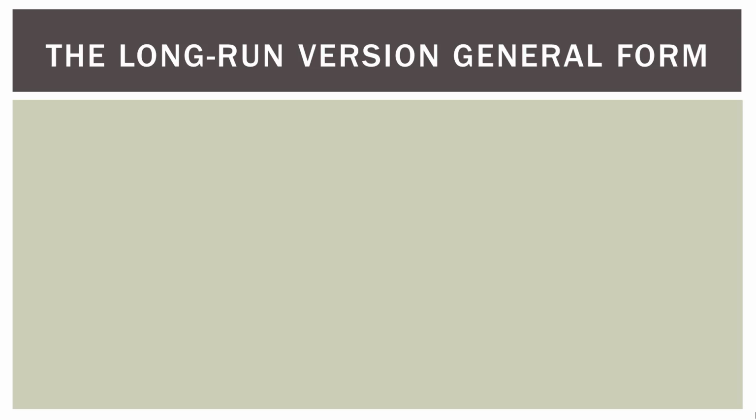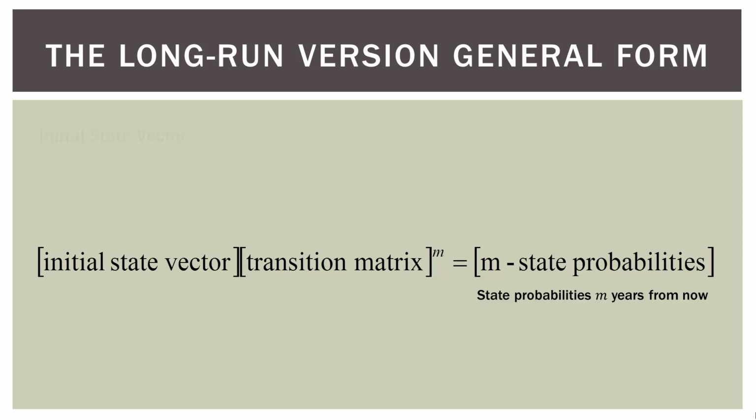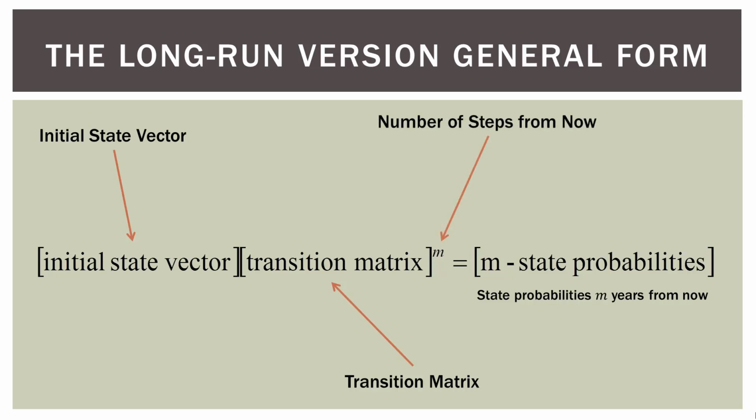So now let's talk about the long run general form. And you can see there's a pattern here. It should be becoming fairly obvious to you how this is going to work. So we have our initial state vector. We multiply that by our transition matrix. And then we have an exponent, which we call m in this case, which is the number of steps from now.